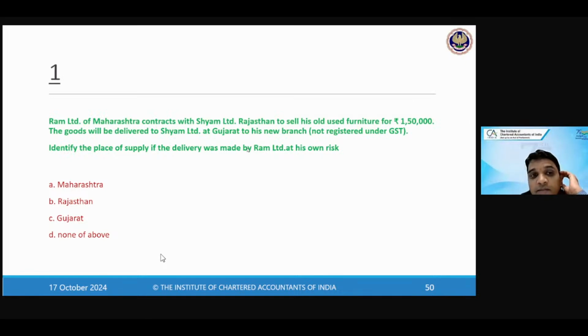The delivery is happening at Gujarat, and the place of supply of goods is the place where the goods are getting terminated. So in this transaction, the goods are getting terminated at Gujarat. So of course, the place of supply will be Gujarat. Correct? Why are you getting confused with Maharashtra and Rajasthan?